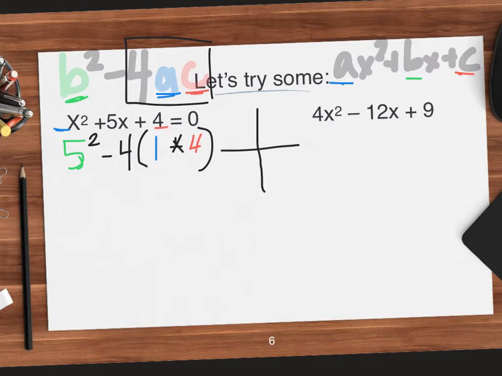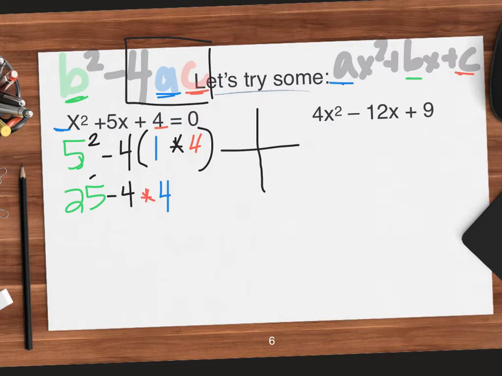So now I just go ahead and simplify. I'm going to start on the inside of my parentheses, and I'm going to get 4, and that is going to be times this negative 4. And then 5 squared is 25. Okay, now we're just going to go back in and simplify some more.